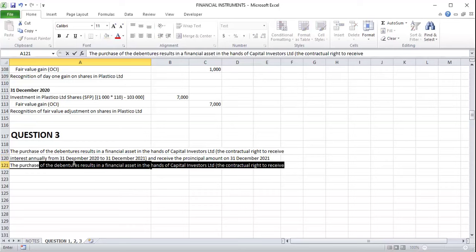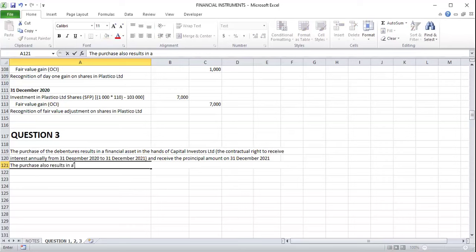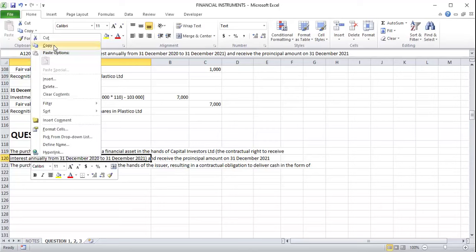The purchase also results in a financial liability in the hands of the issuer, resulting in a contractual obligation to deliver cash in the form of interest annually and the principal.